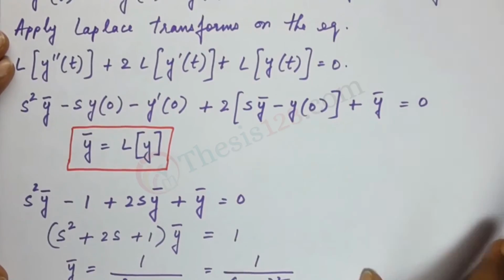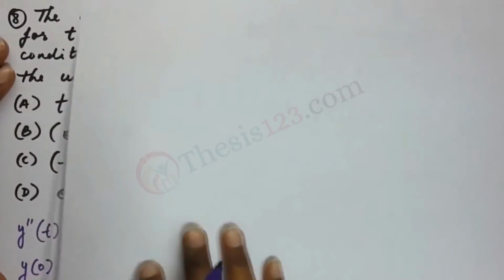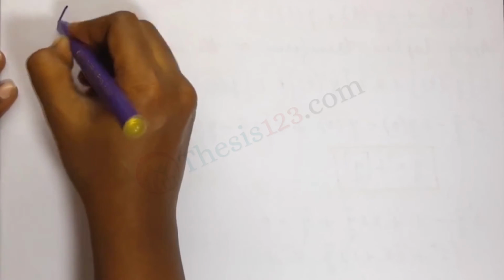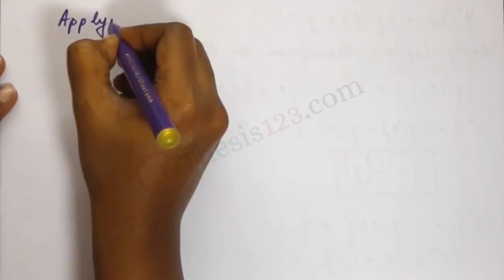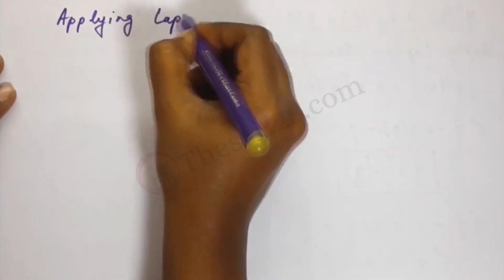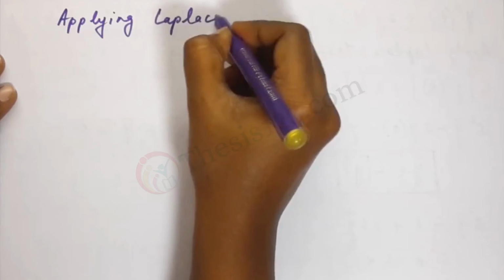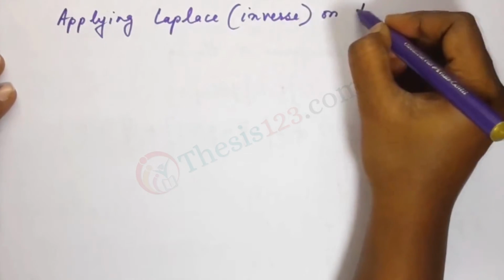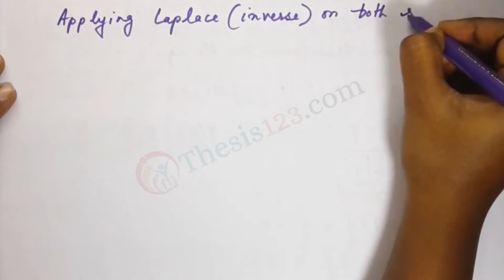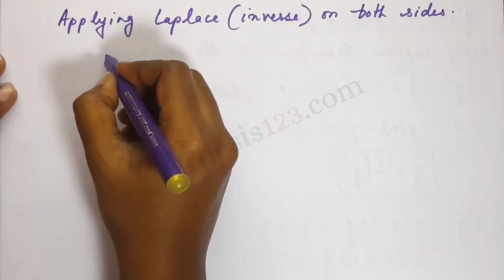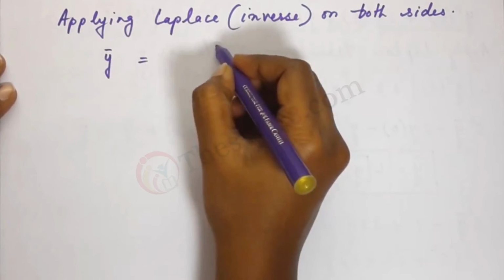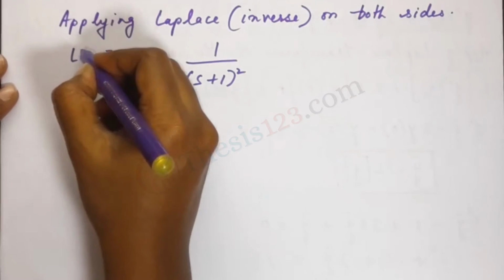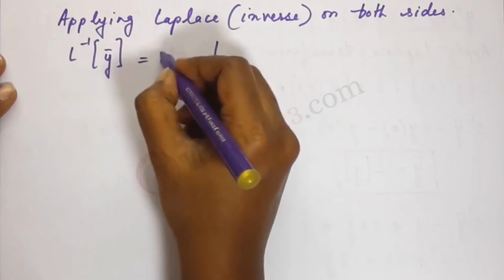Here we have y bar is equal to 1 divided by s plus 1 whole square, so let's apply Laplace inverse to this.